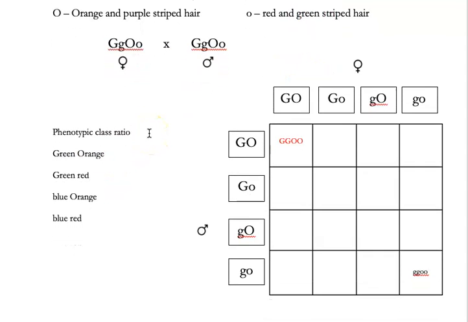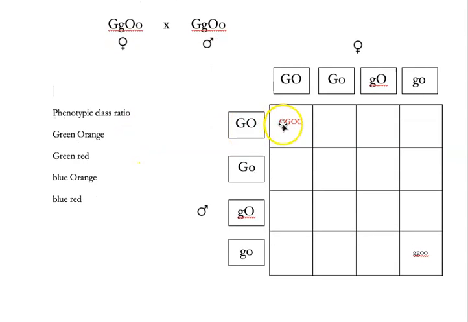So for instance, when this sperm meets this egg, we've got a green and orange individual. And when you fill in these boxes, if you go down over here, I've got the blue and red person that fits in that box. Now there's 16 possible outcomes, and that's key to understanding this.